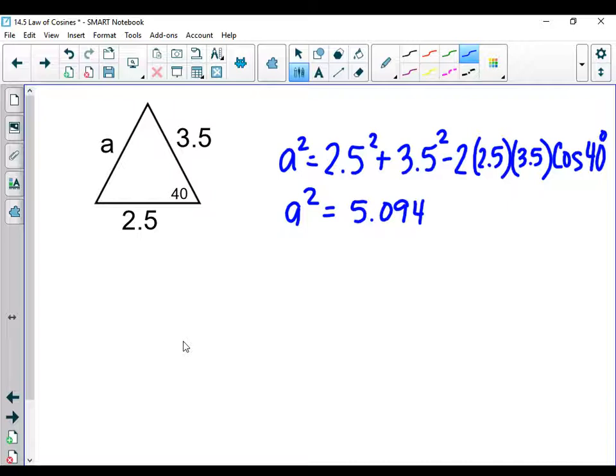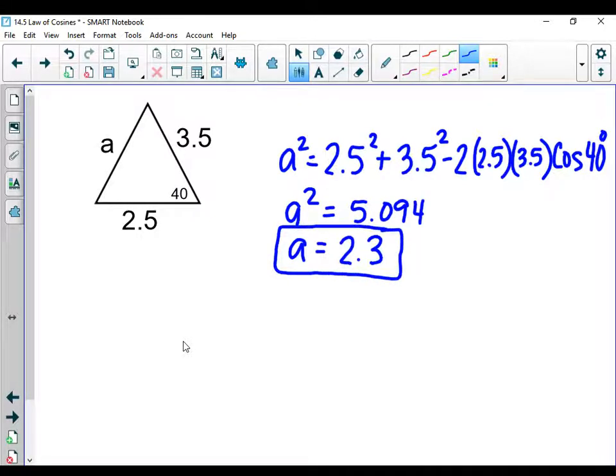And then to get A completely by itself, I'm going to do the square root. I can just do square root of my answer, which is second negative sign. And A is going to be, and they did one decimal place, so I'm going to do 2.3. It was 2.257, and so on. So that would be my A value.